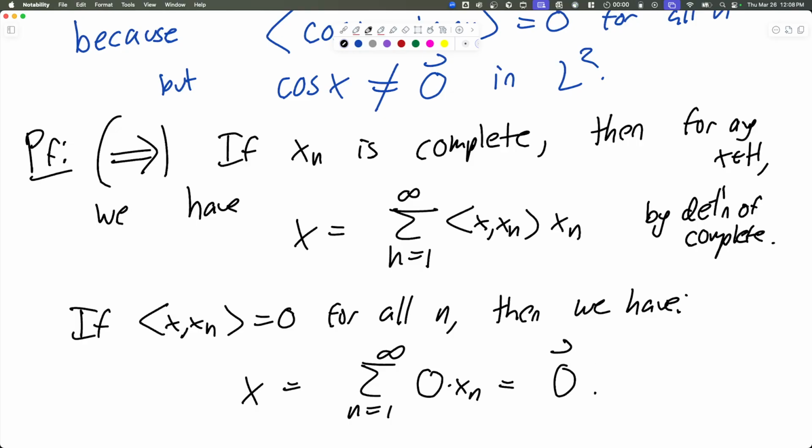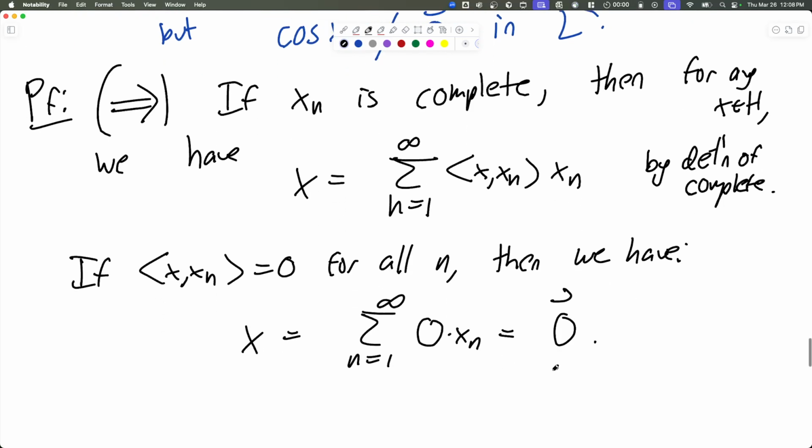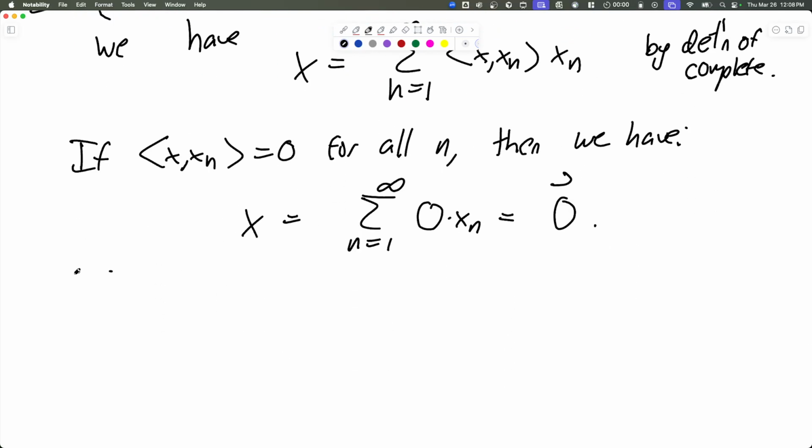So x is always, in a complete space, equal to this infinite sum, and when all the coefficients are 0, you get 0. This is the easy direction. If it's complete, then this 0 property will work out. The harder direction is the reverse, and this will remind you a little bit of what you did on Tuesday with thinking of things that are perpendicular to everything.